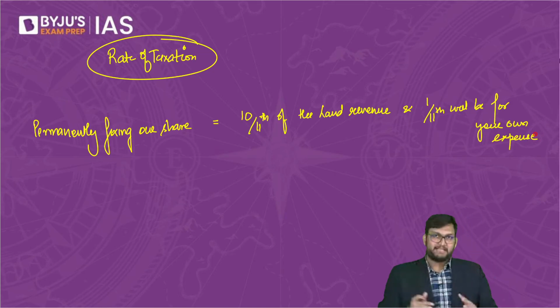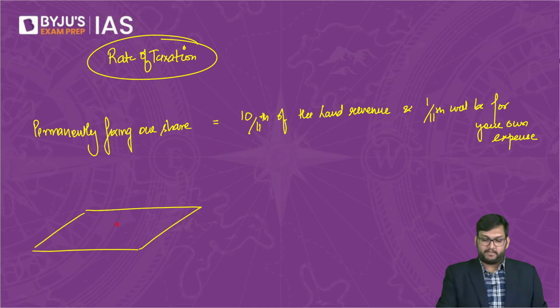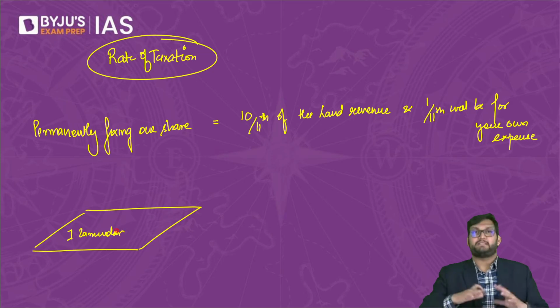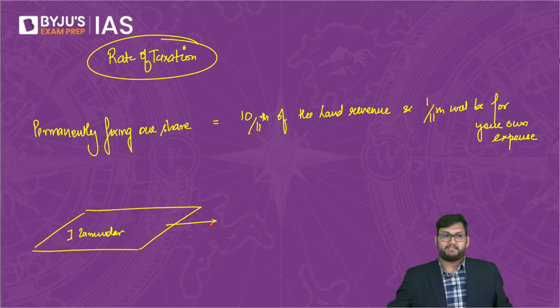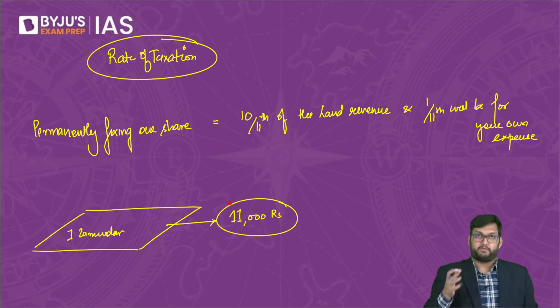For example, there's a tract in which there is one zamindar and he has been given the zamindari of this area, he goes into permanent settlement. The British say that we believe this area can produce 11,000 rupees as revenue.